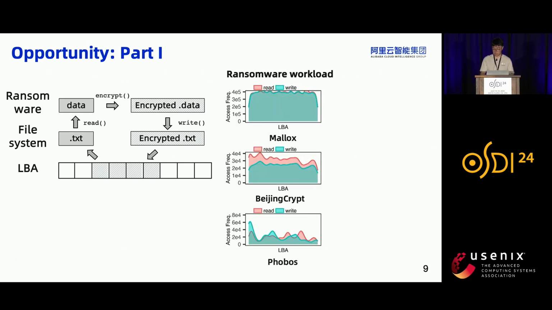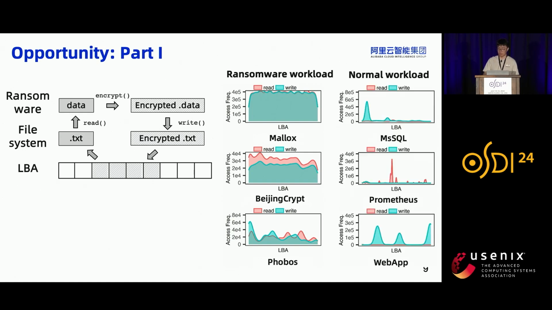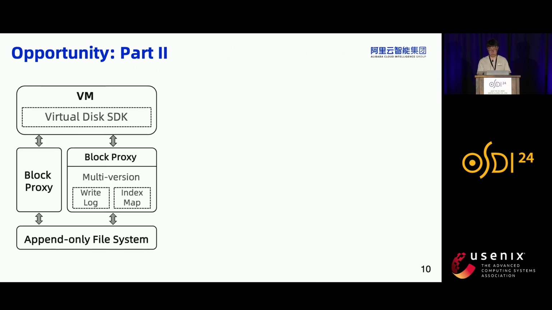As we show here, we can clearly see that ransomware tends to have the exact same amount of read and write due to its read, encrypt, and write back procedure. On the other hand, normal apps can have rather varying behaviors. So we can leverage this feature for detection.